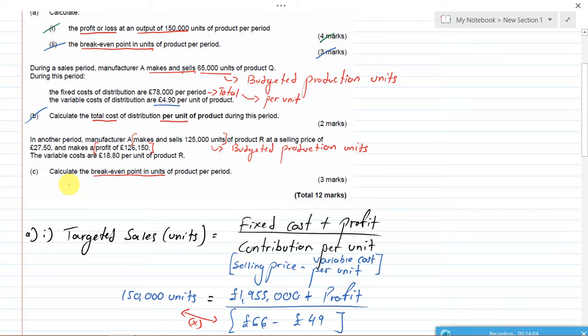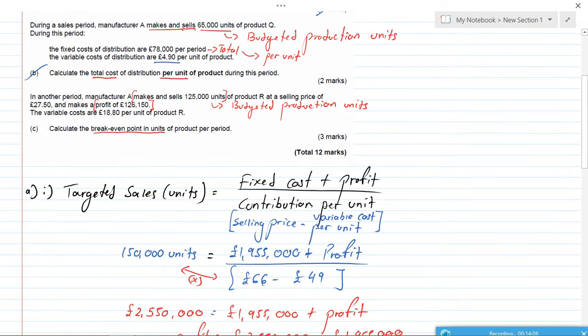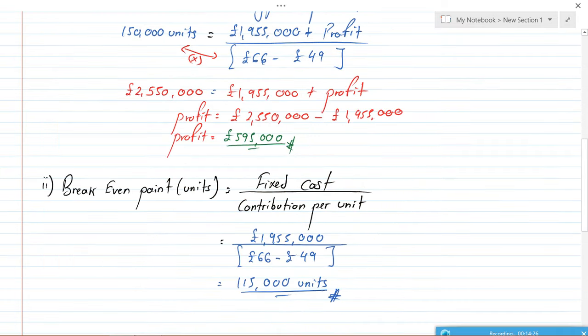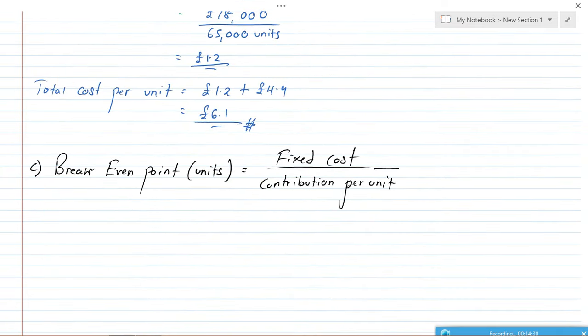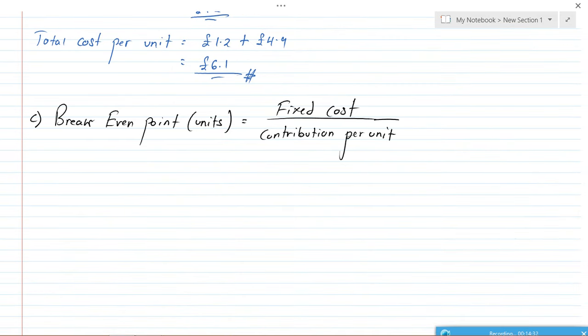Fixed cost is the one missing now. It's a question mark now. So how do you find fixed cost? Not a problem, because they gave you what? Profit. So from the profit we can find fixed cost. So come back to the part C over here. Now in which formula we have profit?